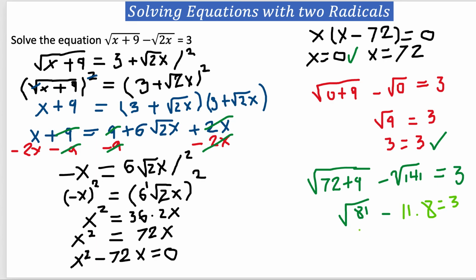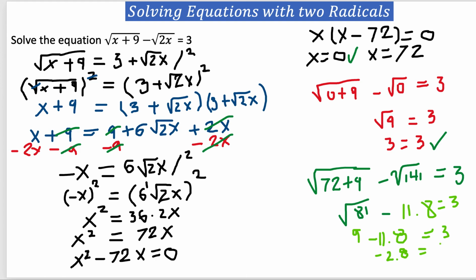The square root of 81 is 9. 9 minus 11.8 is clearly going to be some decimal number, minus 2.8, because 9 minus 11.8 is minus 2.8, and this is a decimal number, very obvious.